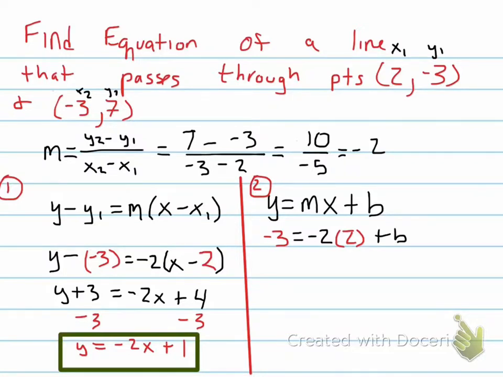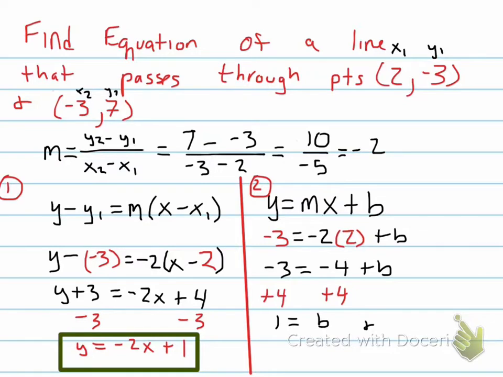So it'll be -3 equals -2 times 2, which is -4, plus b. Add 4, add 4, so 1 equals b.